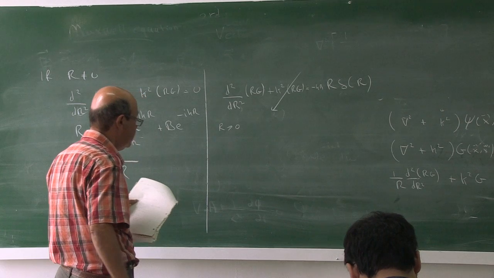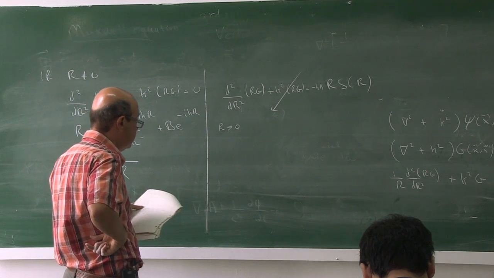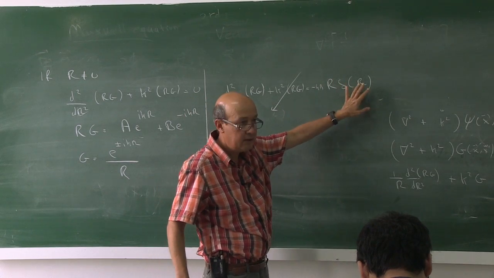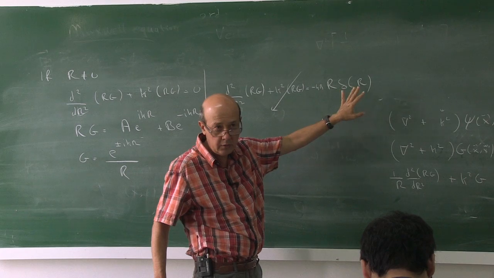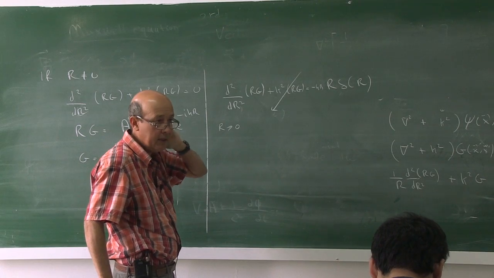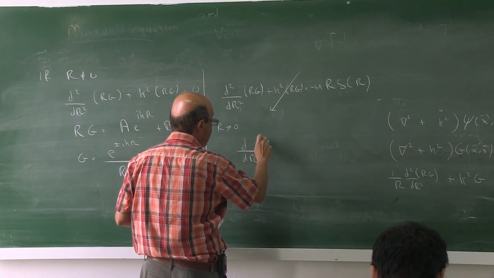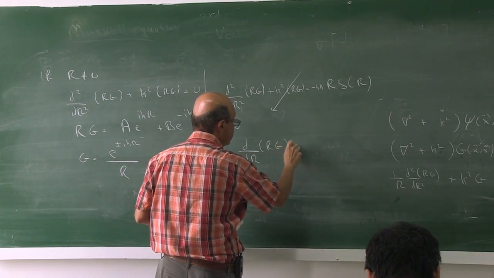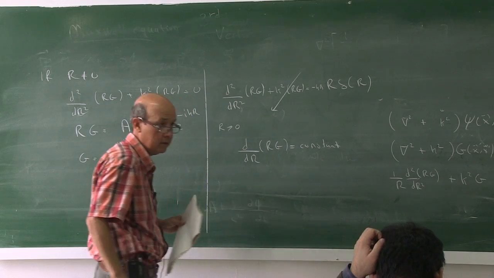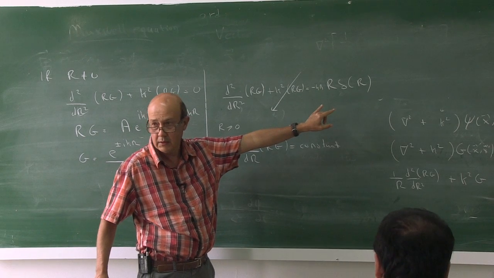So if you integrate this, what are you going to obtain? If you integrate the left hand side and the right hand side, the integral of the r term will be 0, and then one integral of d over dr of rG will be constant.